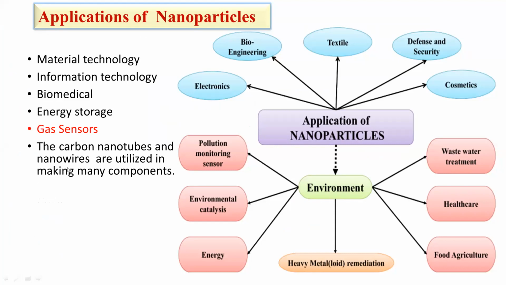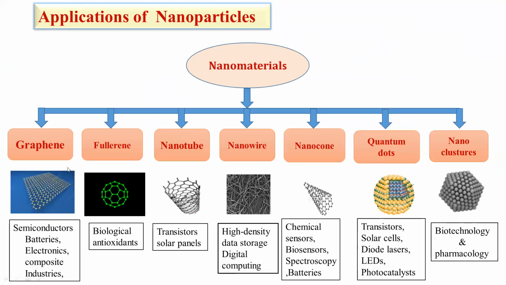Now this is the application of nanoparticles with morphology. Graphene is used in semiconductors, batteries, electronics, composites and industries, while fullerene is used in biomolecular additions, and nanotubes in transistors and solar panels.